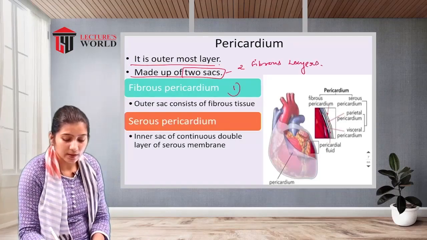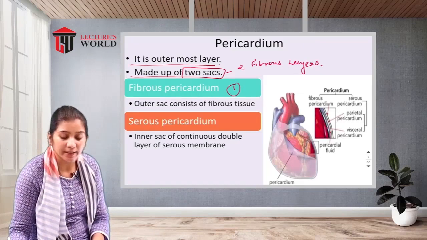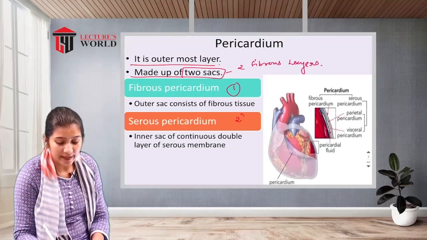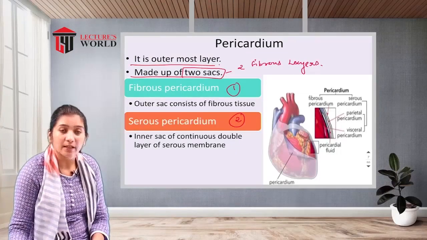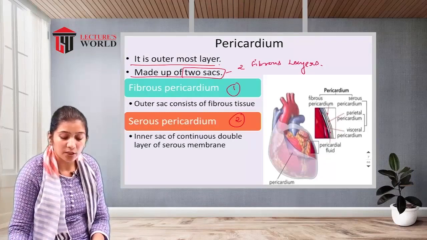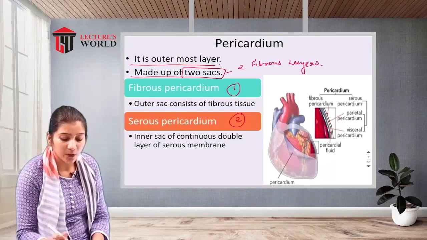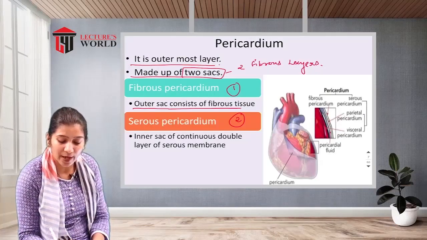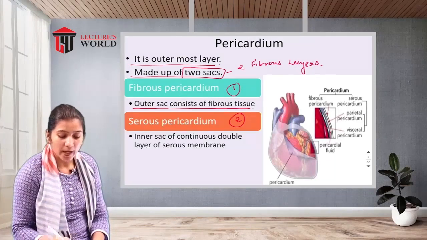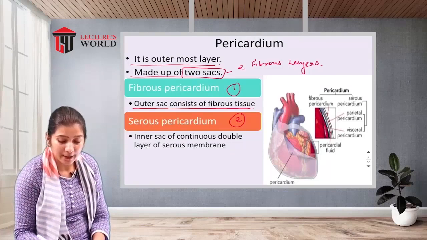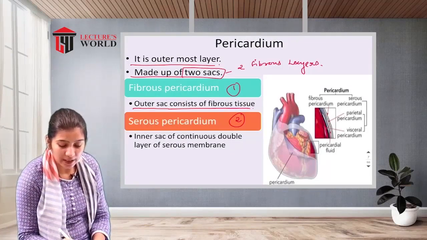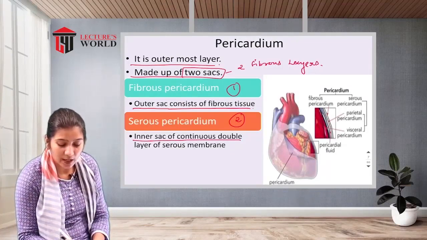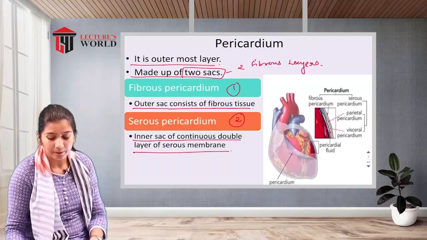The first is known as a fibrous pericardium, and the second one is a serous pericardium. Now what is a fibrous pericardium? Fibrous pericardium is the outer sac consisting of fibrous tissue. Okay, and what is a serous pericardium? Serous pericardium is the inner sac of continuous double layer of the serous membrane.